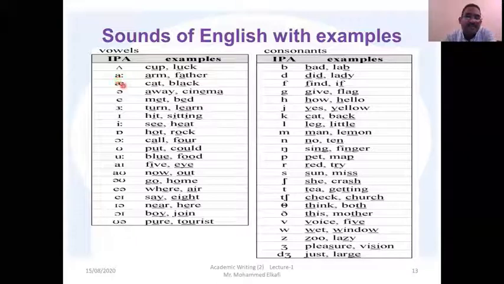This sound is ah, as in cat. Remove the first one, at, then remove the last one, and it will be ah. Let's take one example. Here we have the schwa, as in away. Remove this part, we'll find away and up.